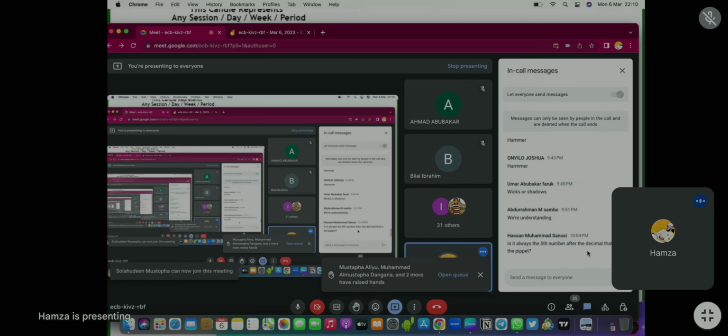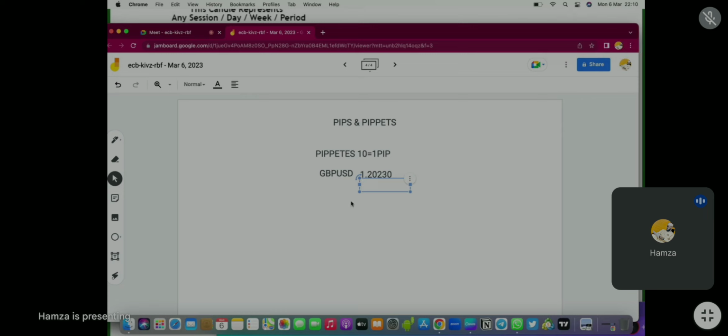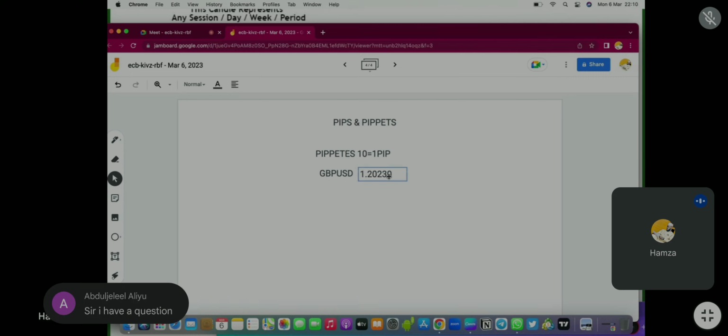That is the pipette. Well, there's the formula for calculating it, and it's really irrelevant. I don't want to start scaring you guys. The last number is the pipette.